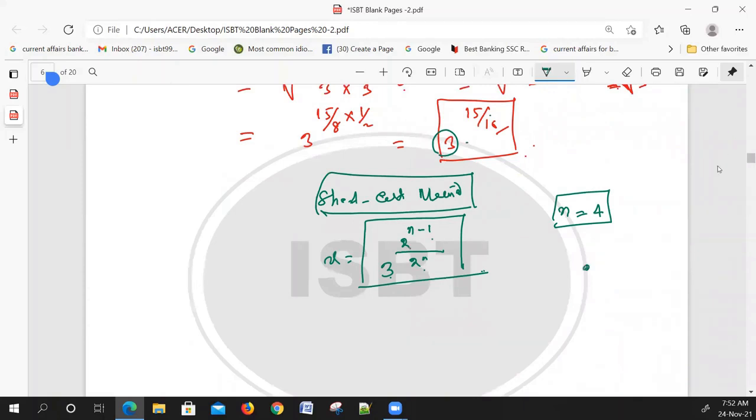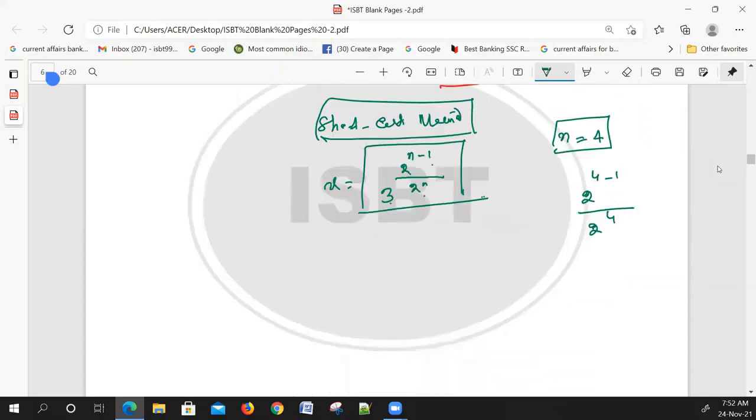That means 2 to the power 4 minus 1 by 2 to the power 4. 2 to the 4 means 16, minus 1 by 16, that means 15 by 16.